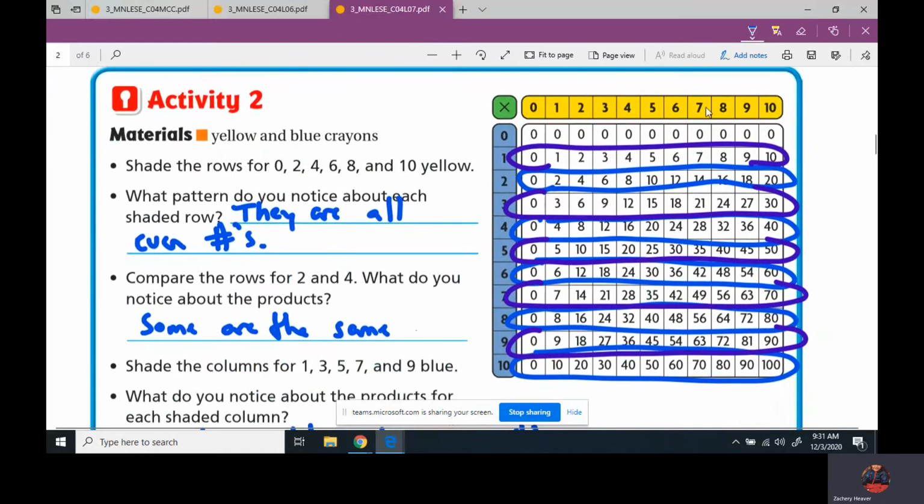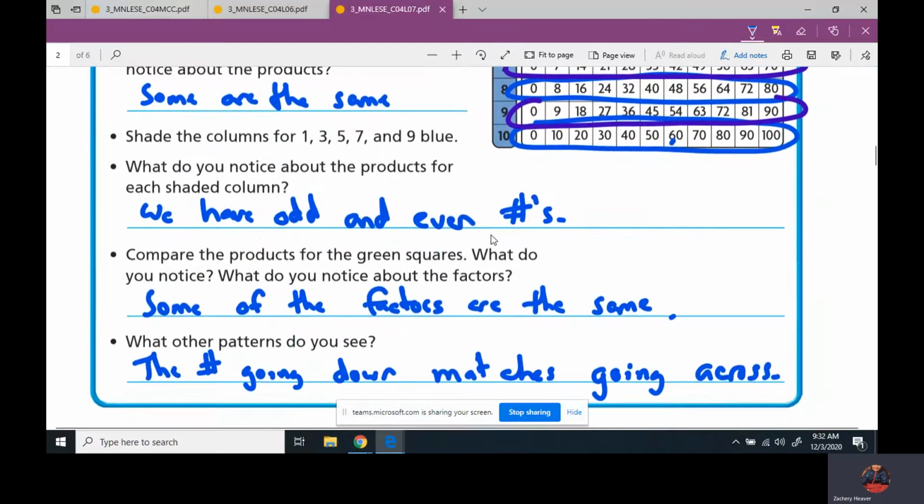If you look at 7 going from 0, this 7 going down, it's going to be the same exact numbers on this row going down as this column going across. Okay, we're going to use 0, 7, 14, 21, 0, 7, 14, 21. Same numbers going down are the same across. So if you learn how to do a row down, you automatically know how to do that row across.